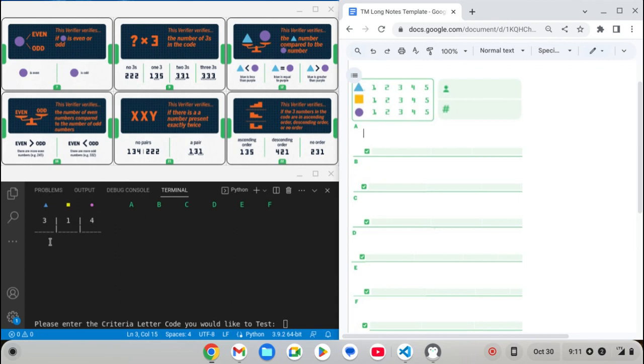And we're going to start off with an initial proposal of 314. So the first thing I'd like to test is criteria card A. I'd like to know a little bit more about that circle digit. Okay, so the Turing Machine approves of my choice. I did pick an even 4. So the Turing Machine confirms that yes, circle is an even digit.